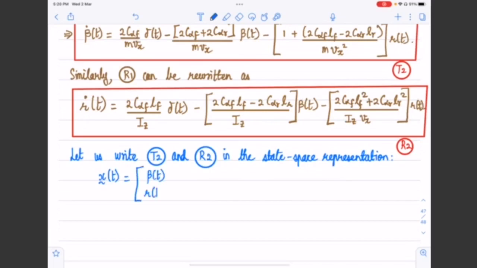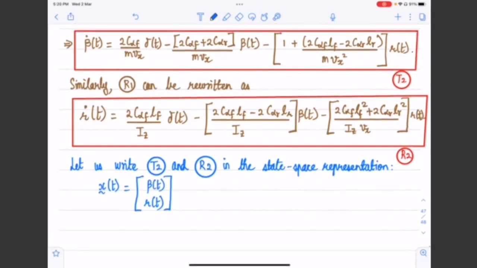Now we directly have two first order ODEs which govern the evolution of beta and r, so we just directly take them and write them. Observe that the state vector x of t is a column vector containing beta and r, and the input is the steering angle delta.